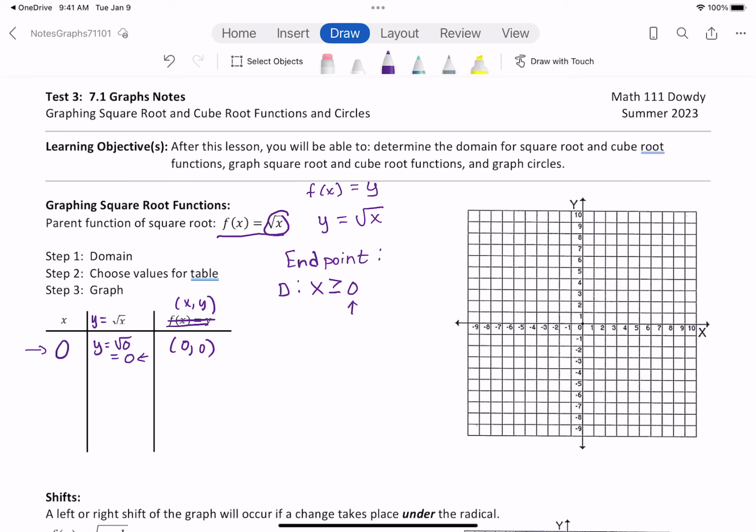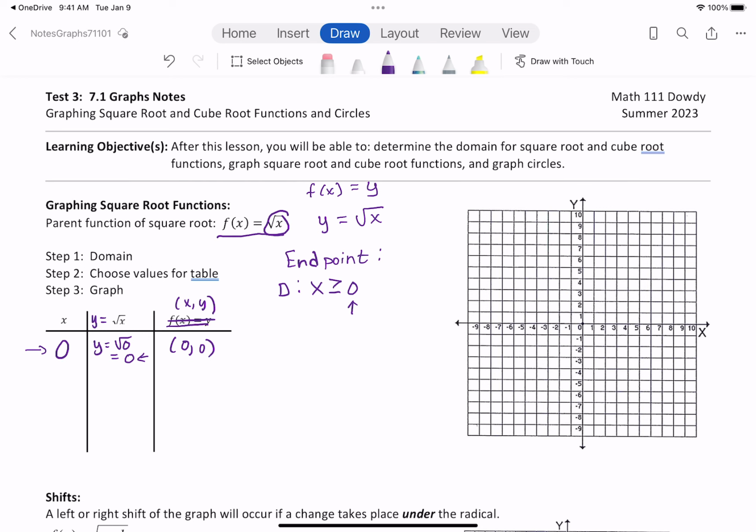Now 1 point isn't enough to make the graph, we need some more points. So by the domain, we can choose anything, any x, that is bigger than 0. So we could choose 0.25 here if we want to. We could choose 700 if we want to. But of course, we're going to try to keep our numbers contained to this 10 by 10 graph that we have.